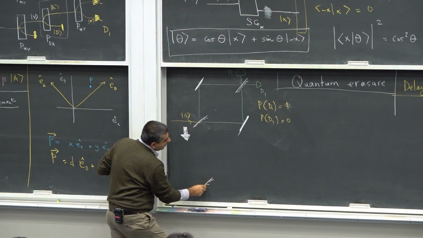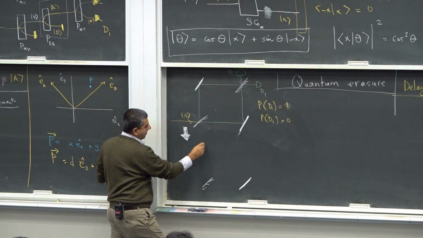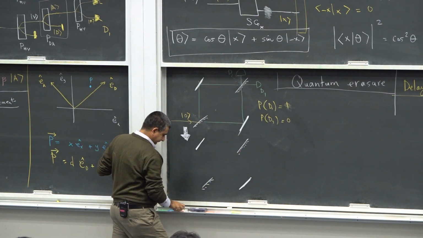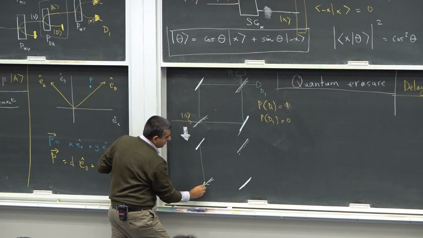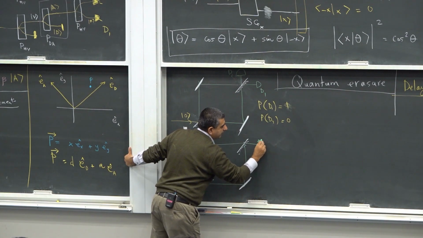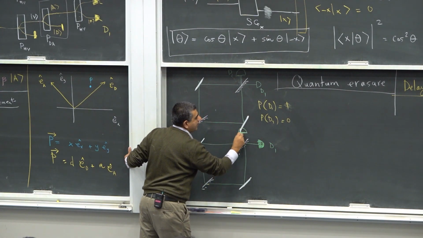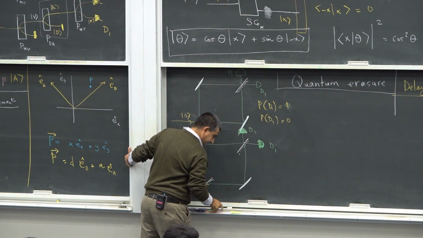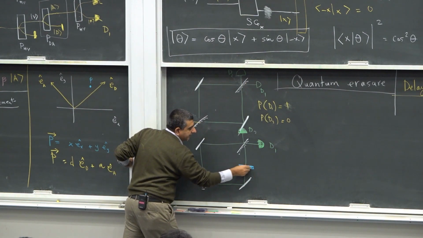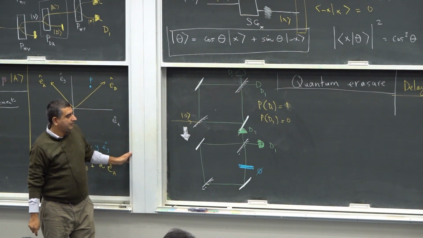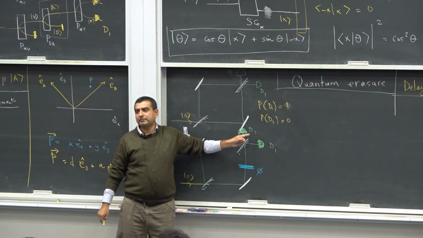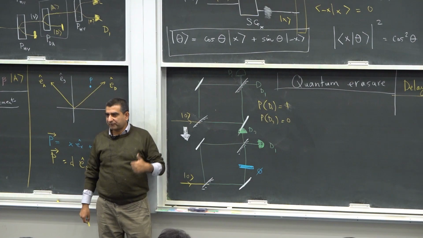Now let's have a beam splitter. D1, D2. Now if I were to put a path element or a phase element here, phi, and I had a single photon coming in, I can control these outcome probabilities, and we did a calculation of state progression.